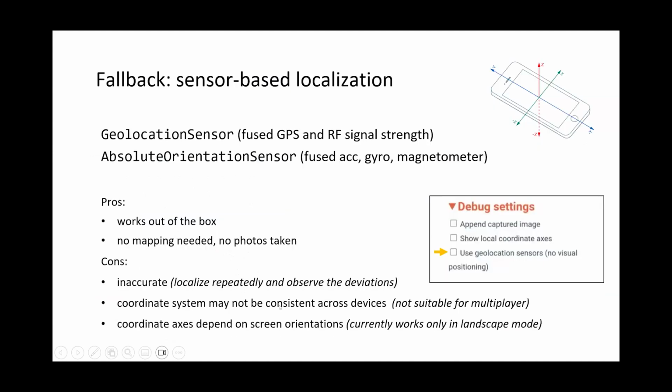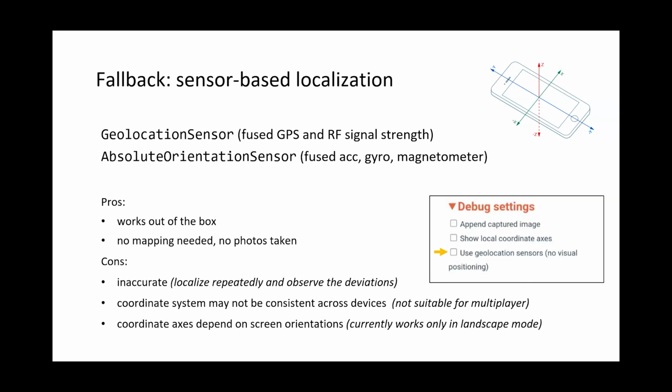If you don't want to use this, you can still fall back to the sensor-based localization, so the GPS and the compass of the phone. I implemented this absolute orientation sensor, and modern Android devices all have this. That means it's already fusing all the available sensors to get the most accurate pose, and it's already east-north-up oriented.